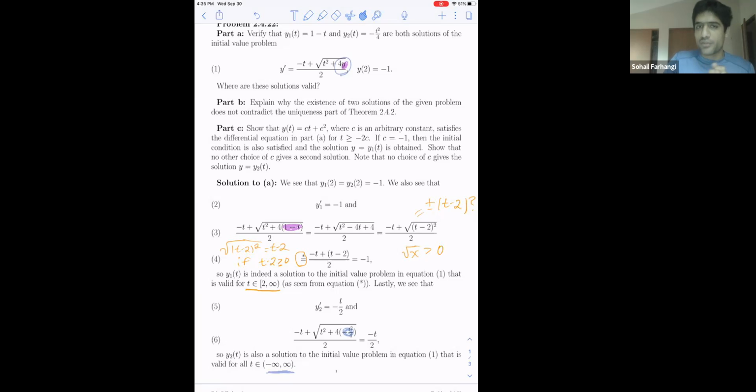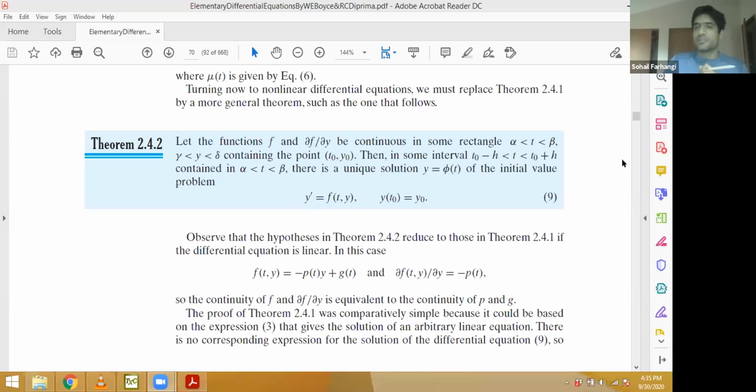So for that, let's quickly refresh on what is theorem 2.4.2 that we're not contradicting. As you can see, here is theorem 2.4.2. Let the functions f and the partial derivative of f with respect to y be continuous in some rectangle where t is between alpha and beta and y is between gamma and delta, such that this rectangle contains the point t0, y0.